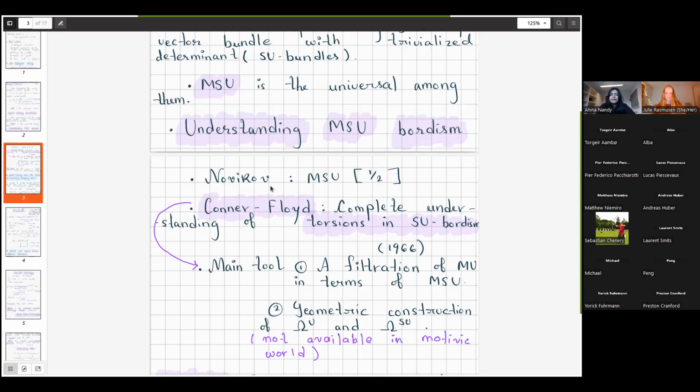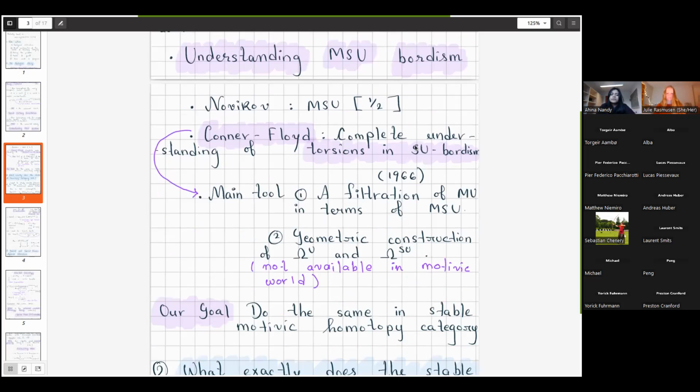So at that time, probably in '62, Novikov gave a description of MSU-bordism after you invert 2. And Conner-Floyd gave a complete description of torsion in SU-bordism. These two things together gave us some idea of how exactly MSU-bordism looks.